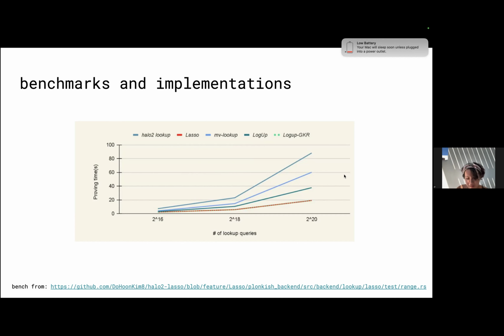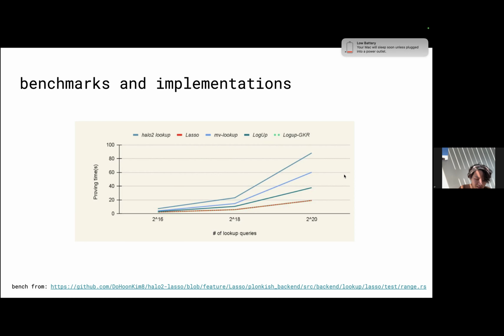There is no one canonical Halo 2 library. There's many different forks. And I think right now the only thing that all of them have in common is the front end API. So if you're trying to implement one of these lookup arguments or substitute one of them, you would probably want to steer clear of changing the front end circuit API.